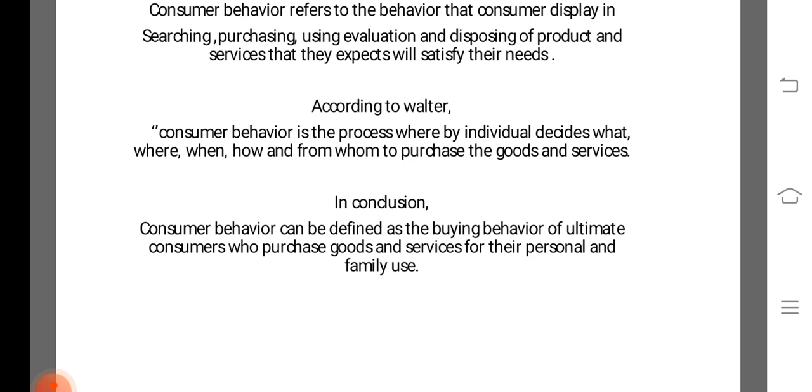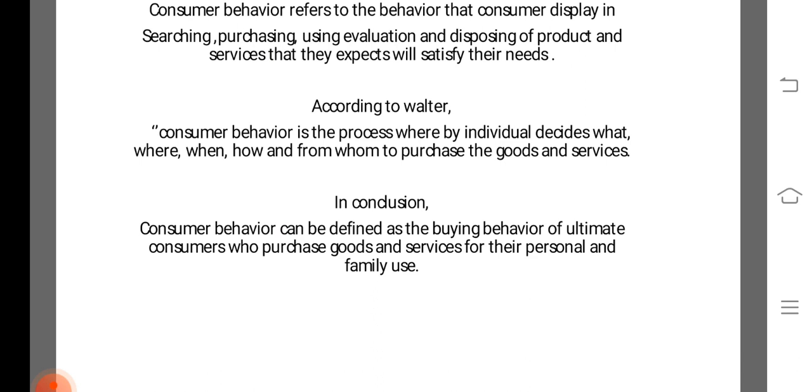Now, let us know about the meaning or definitions of consumer behavior. Well, consumer behavior refers to the behavior that a consumer displays in searching, purchasing, using, evaluating and disposing of products and services that they expect will satisfy their needs. Different customers have different needs, wants or expectations.